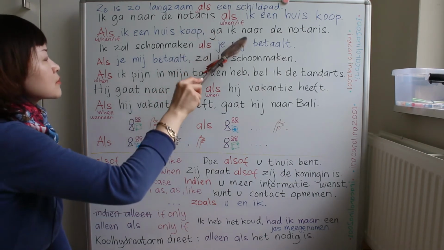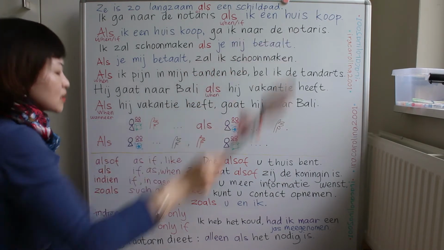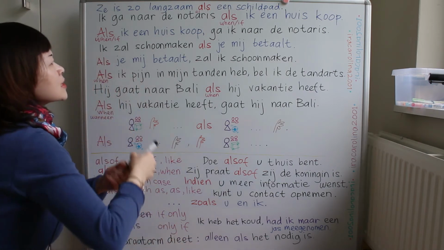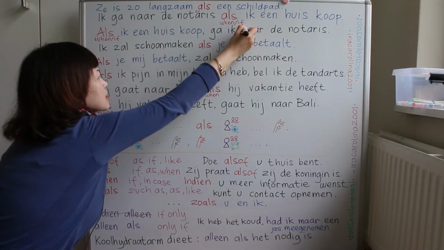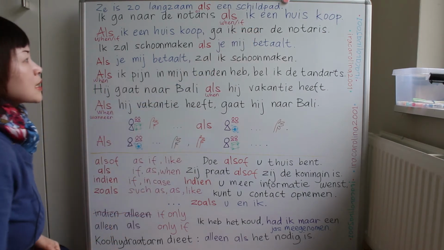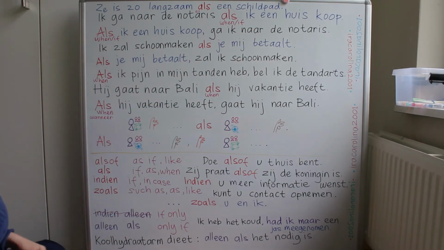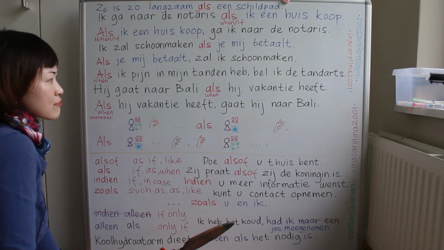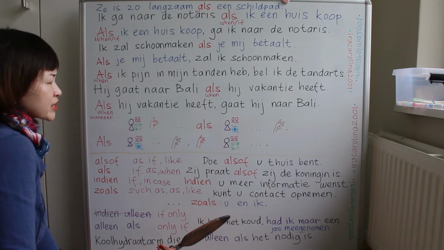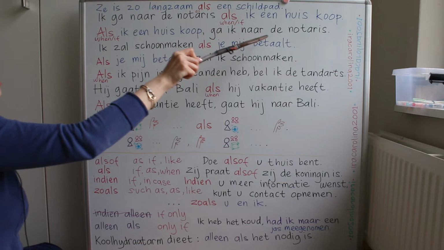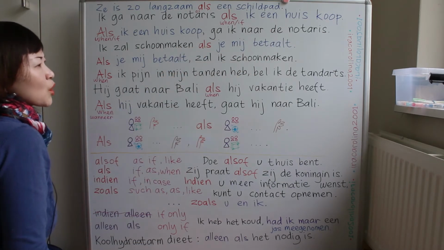go I, naar de notaris. Notaris in Dutch is notaris. In English, notary. Go I to the notary.